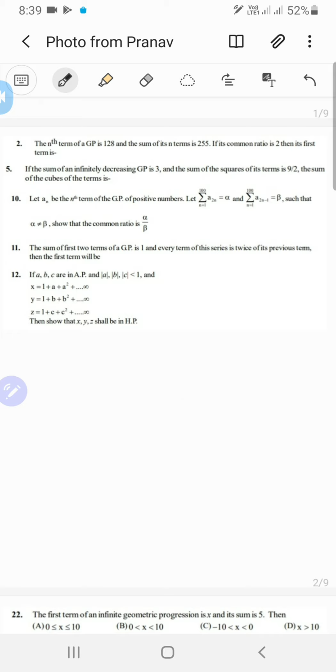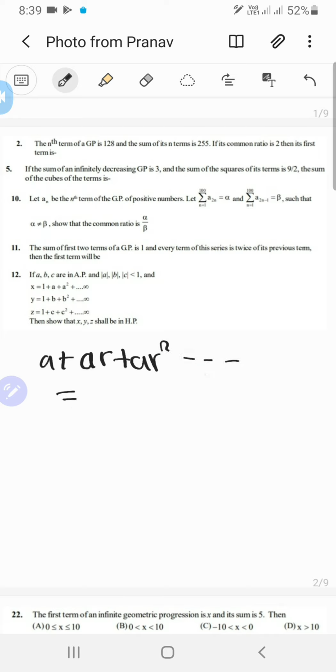Okay, if the sum of an infinitely decreasing GP is 3, and the sum of the squares of its terms is 9 by 2, the sum of the cubes of its terms is... let's do it. So you have a plus ar plus ar squared and it keeps on going like that.